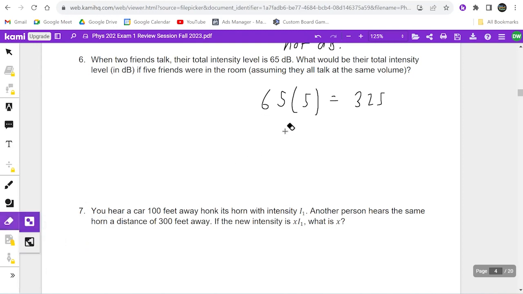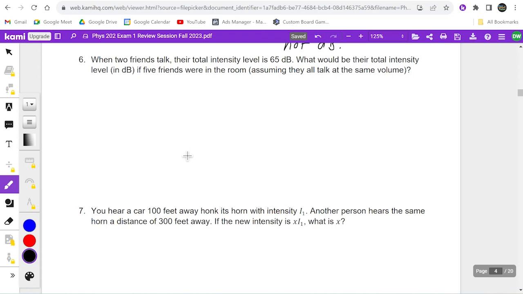Probably some of you remember what I said if I met with you in person, or even if you just learned now, this is how you do these problems. The first thing you have to do is convert decibels to intensity, and that's because we can actually add the intensities together. We can't do that with decibels. We're just not allowed.